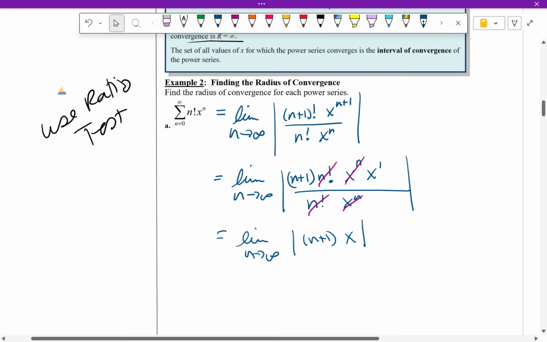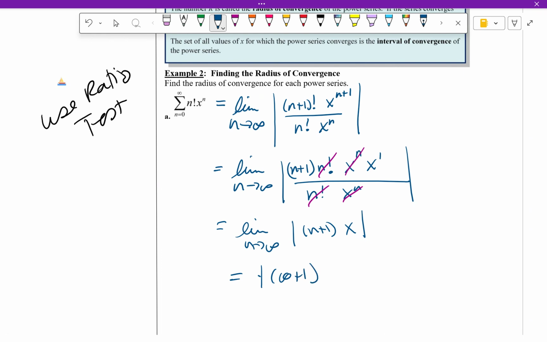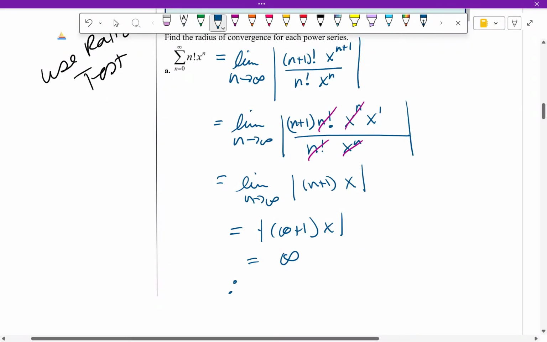So I'm plugging infinity into the n plus 1, which would be infinity plus 1 times x. What's that going to be? It's going to be infinity. Okay? So, according to the ratio test, if I equal infinity, do I converge or diverge? So I diverge, therefore it diverges.